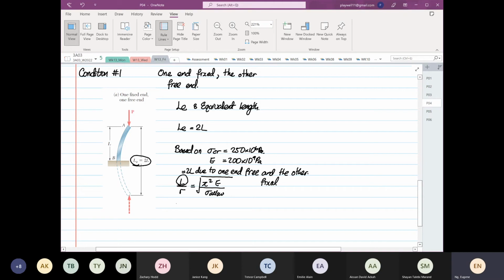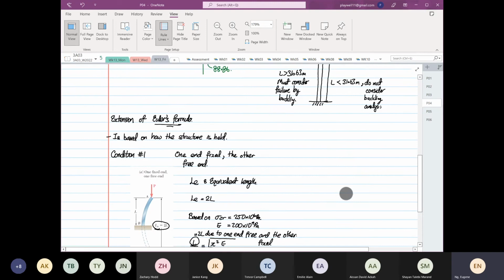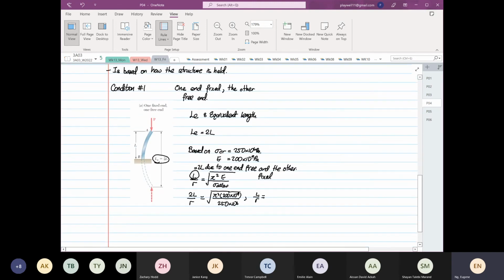When that's the case, you let this be equal to 2L over R. So this will be equal to the square root of pi squared times 200 times 10 to the power 9 divided by 250 times 10 to the power 6. So therefore, your L over R now becomes what? Initially we have 88.86 divided by 2, which is equal to 44.43.